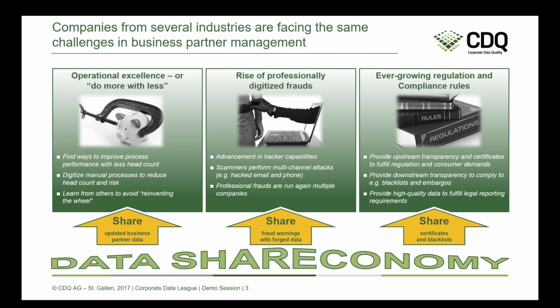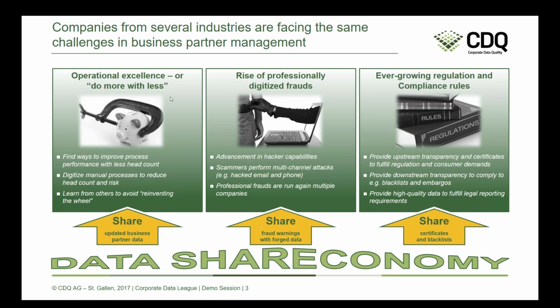So it definitely makes sense up to a certain extent to collaborate in data maintenance, because these addresses and also tax numbers or legal names are not that strategic that you could not share some information about this data also with competitors.